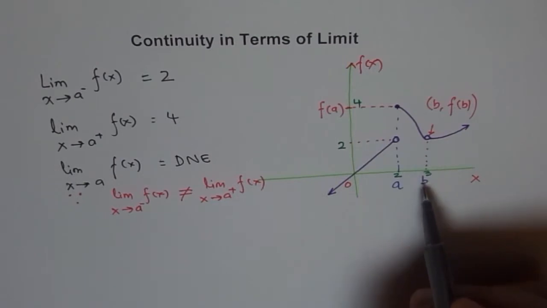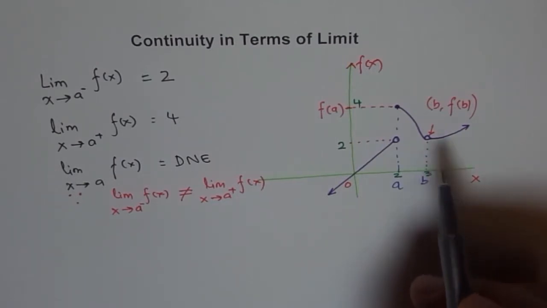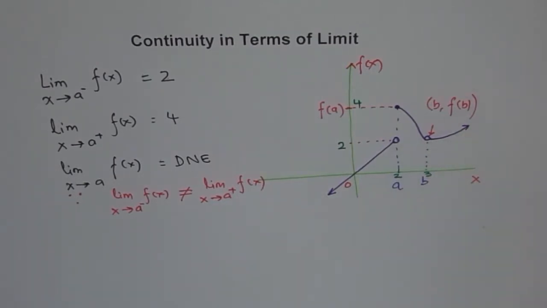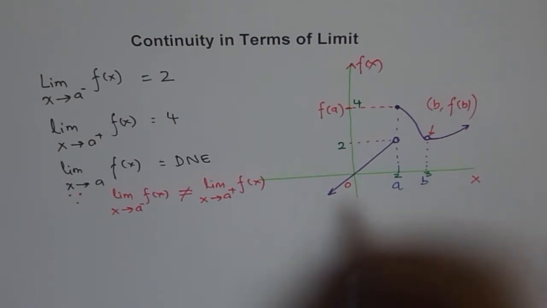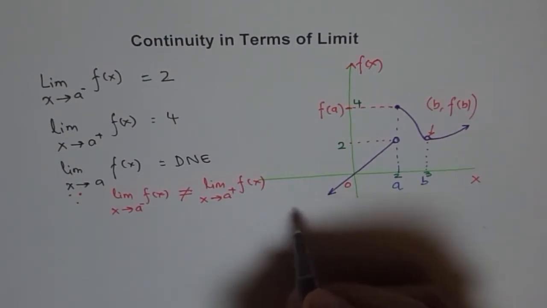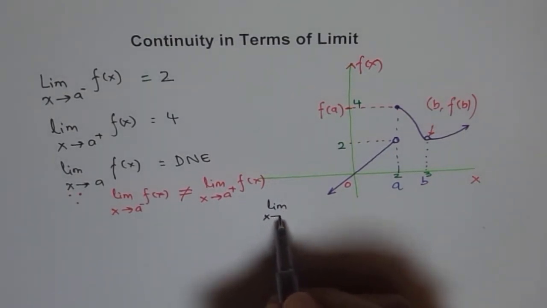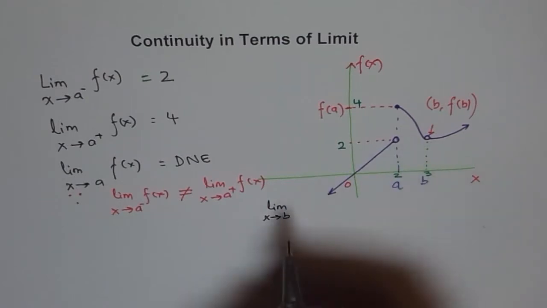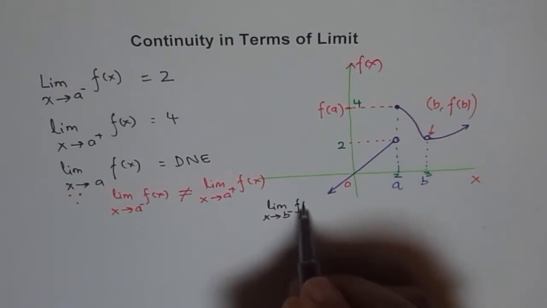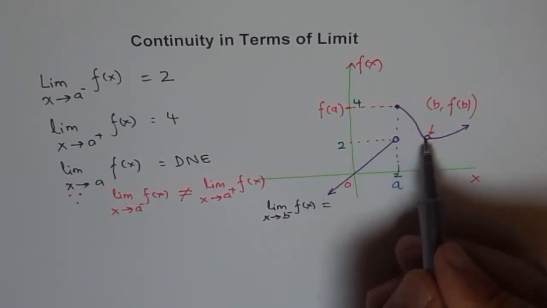Now point b, if you look at it, what is the limit of the function as x approaches b? So we'll write here, the limit as x approaches b from the negative side of f of x. Can you tell me what's the answer?